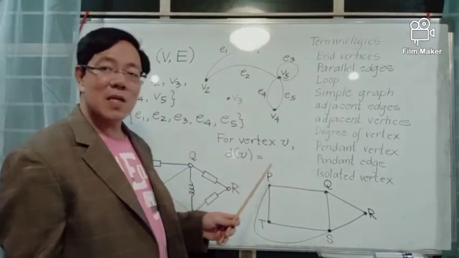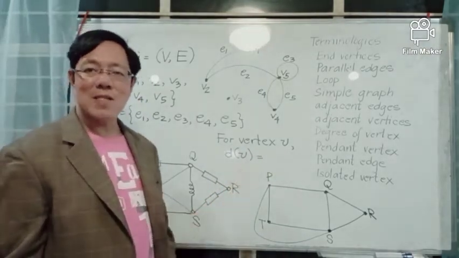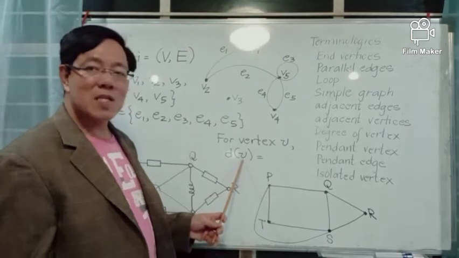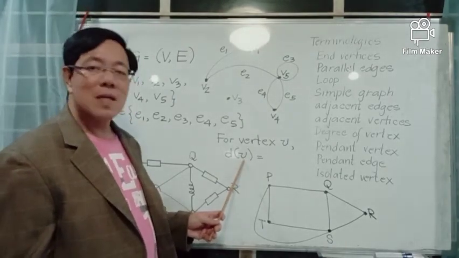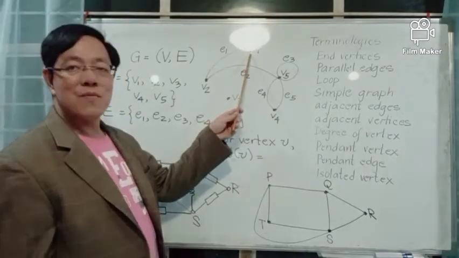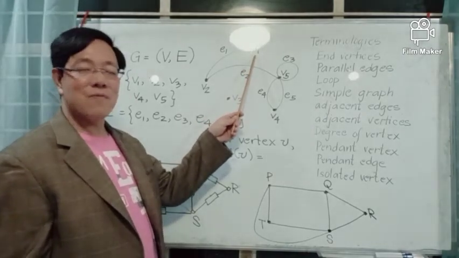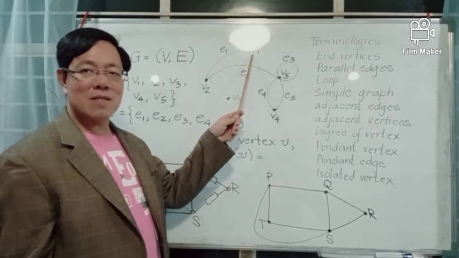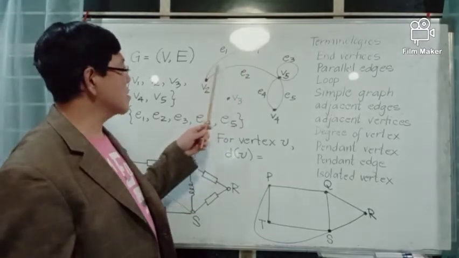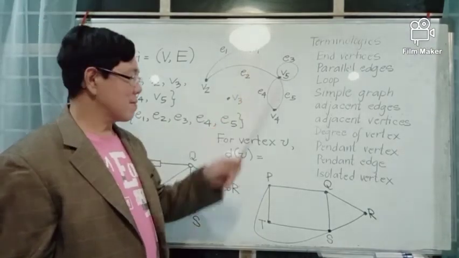Again, the degree of a vertex B, denoted by D of B, is the number of edges that have vertex B as their end vertex. We start with V1. The degree of vertex B1 is the number of edges that have V1 as an end vertex. And the degree of B1 is 1 because there is only one edge, edge E1, that has V1 as an end vertex.